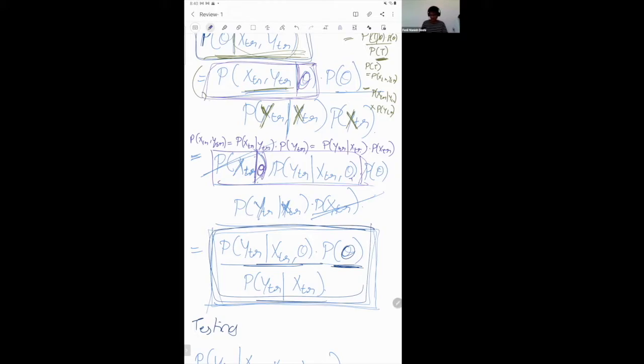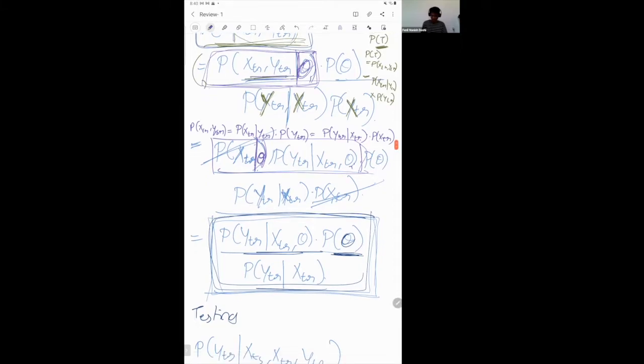This is just some information that is given to you, and it could be anything here, and it wouldn't matter. All the formulas of probability that you know would still hold. So probability of X train, Y train is probability of X train times probability of Y train given X train, and in all the three probabilities, theta is some information that I've already been given.